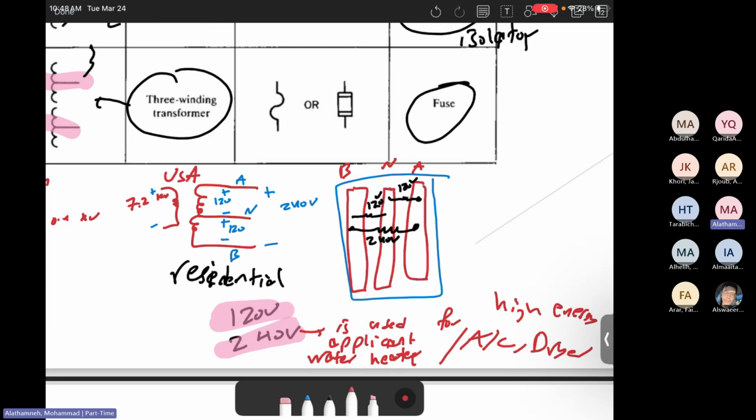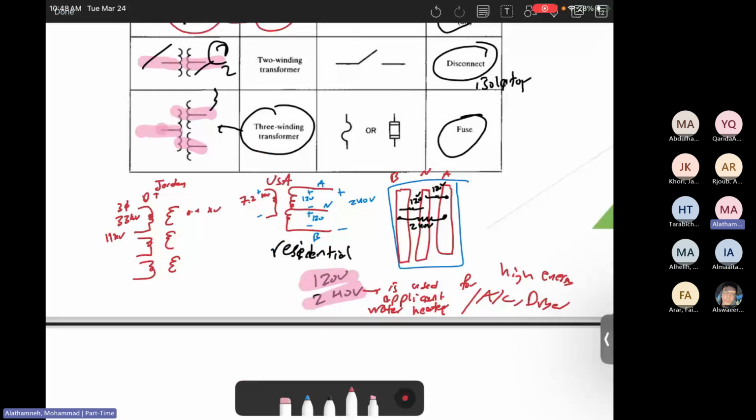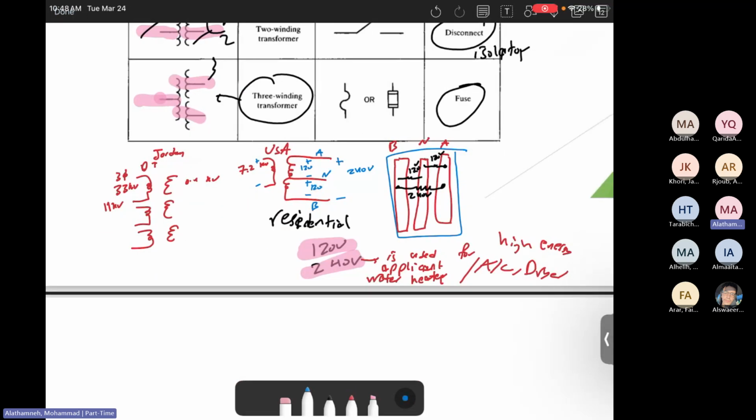So instead of connecting single phase to the home, connecting three-phase to the home. And I think this can happen in many commercial and some residential areas. So I would say in Jordan, we will use only single phase. If there is more energy, we will use three-phase.